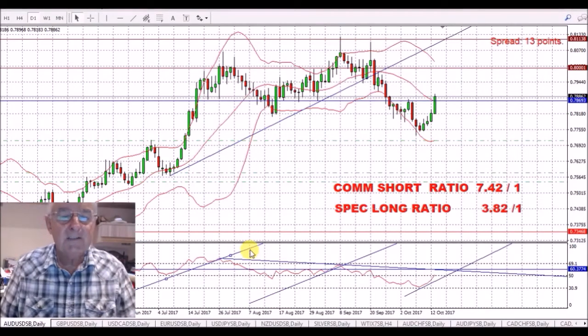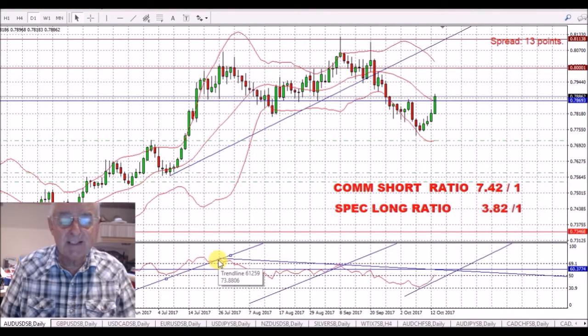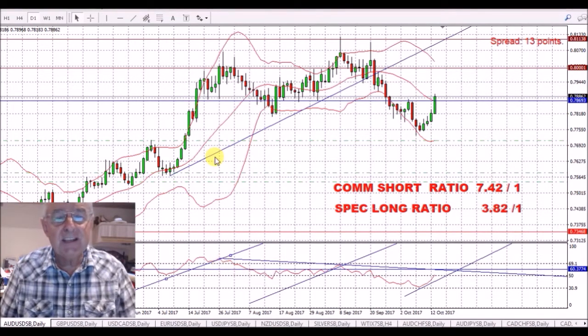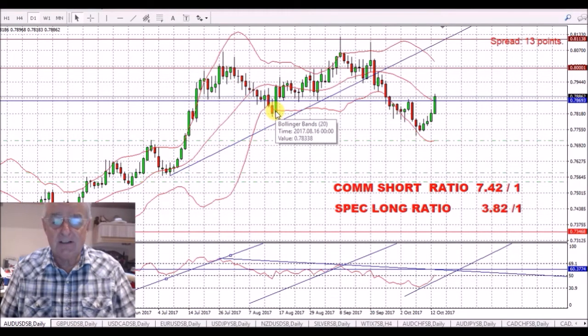So here we have the Australian dollar, US dollar, and we've got the RSI. Now if we put a trend line on the RSI and we wait for it to go above the 69.1 and come back down and cut through it, this gives us a sell signal. Now this obviously would have been a very good sell signal here.